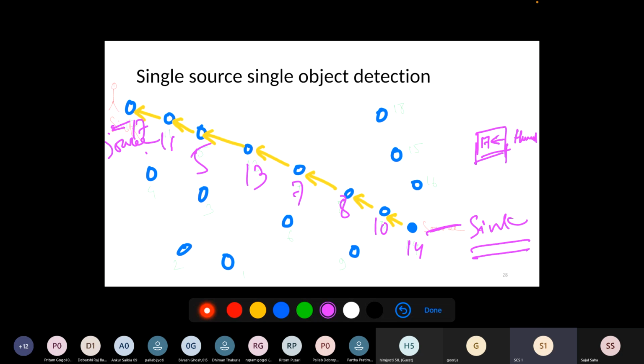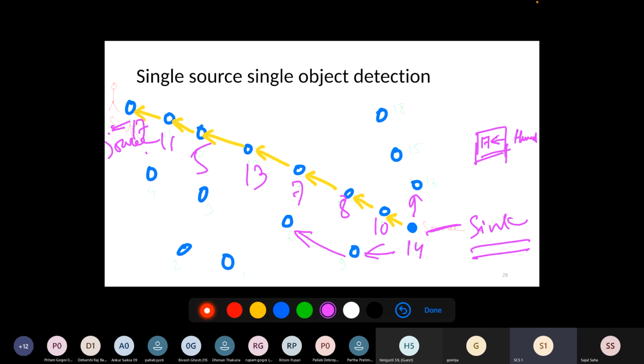In that case the direction should be from source to sink, but here it is in the opposite direction, from sink to source. Why? Because the sink is sending one query, sending the query to everybody, to its neighboring nodes.